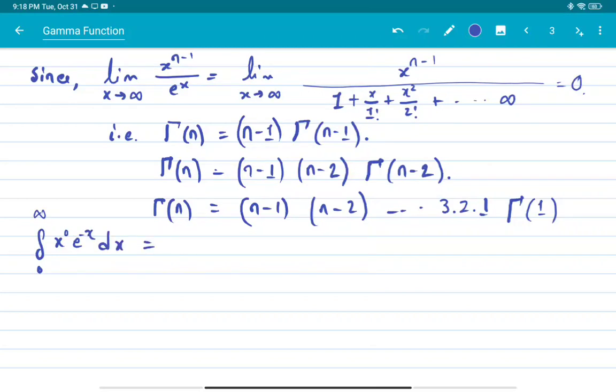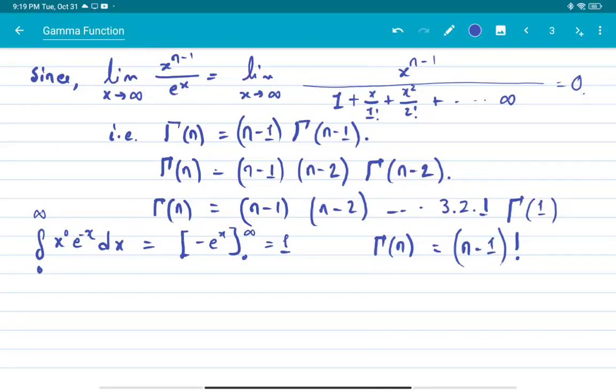So this would be minus e to the power minus x from 0 to infinity, and you'll get 1. So this is 1. So it means gamma of n is n minus 1 factorial.